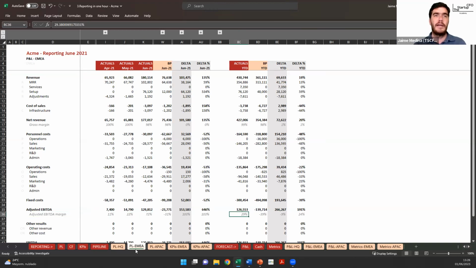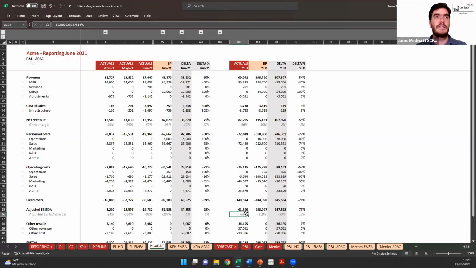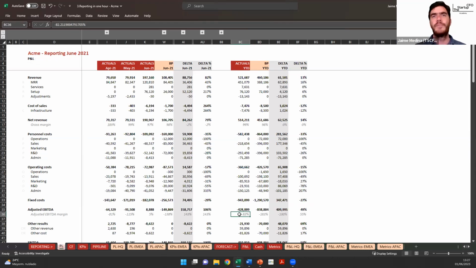So EMEA as a business unit, again, not necessarily related with the company that carries the cost and the revenue, as a business unit, EMEA is being profitable. On the other hand, Asia Pacific is not. We're investing a lot of money on it, and it's still not profitable, and that makes sense. But if we take just the general average, we cannot distinguish what's happening with EMEA versus what's happening in APAC. And again, APAC was the focus of that funding.